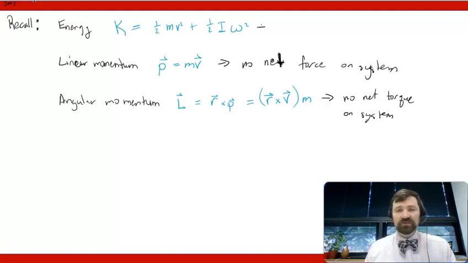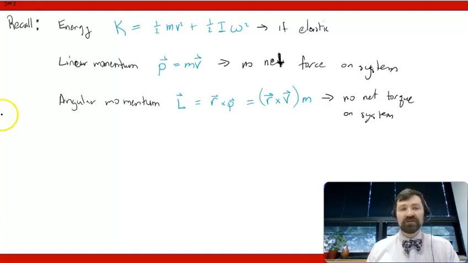This one, energy, is conserved if the collision is elastic, and that's basically all that we can say here, because there may not be any net work done on the system. But for example, if one object crashes into the other and damages or dents it, then there's some internal work that will take some of the mechanical energy out of the system.